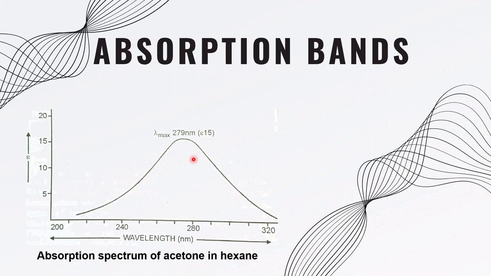Because when the molecules are irradiated by UV and visible light, the transition occurs between electronic energy levels. It is also accompanied by some vibrational and rotational transitions. Hence, not only one transition is observed, instead we get a large number of transitions, which produces a collection of spectral lines. So overall, it produces the absorption bands.